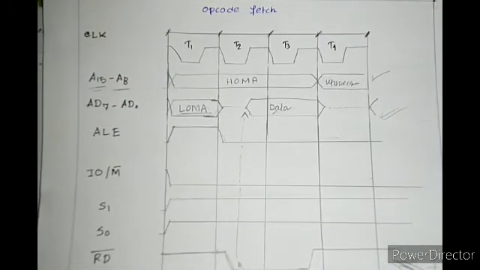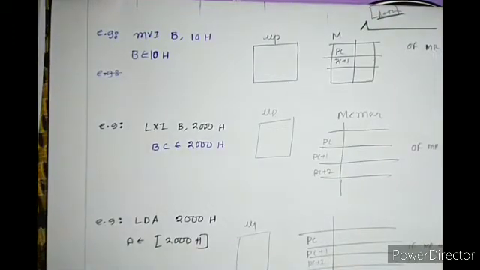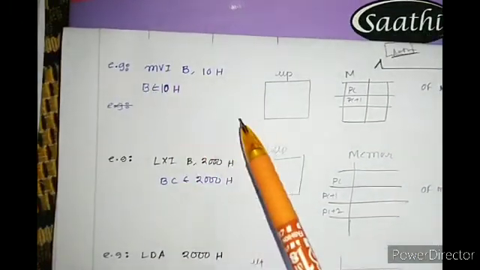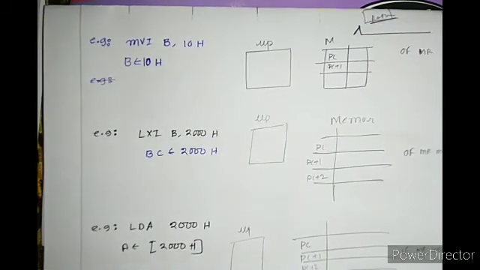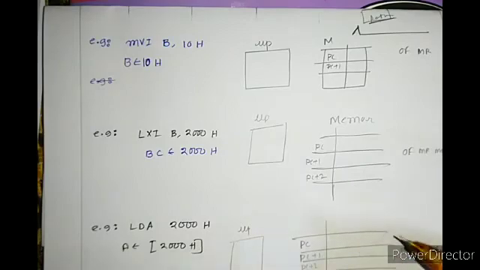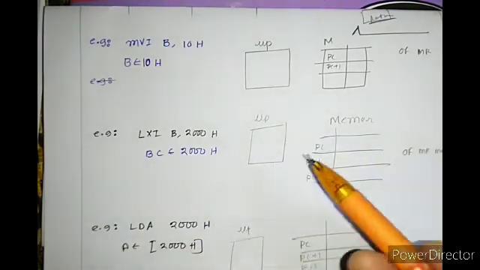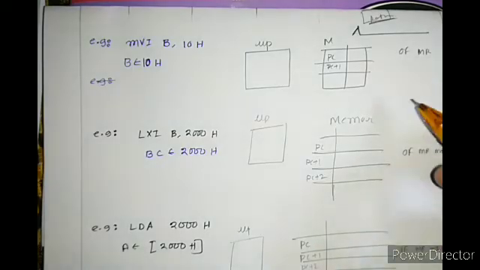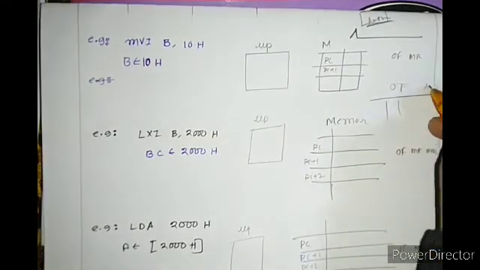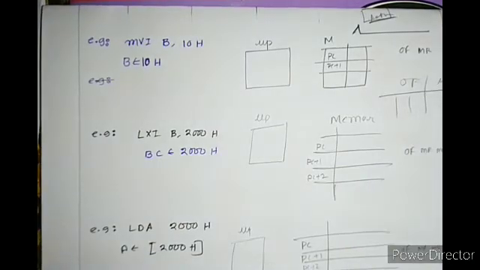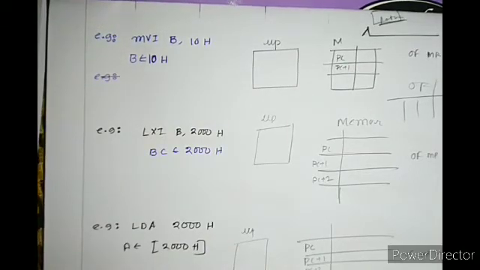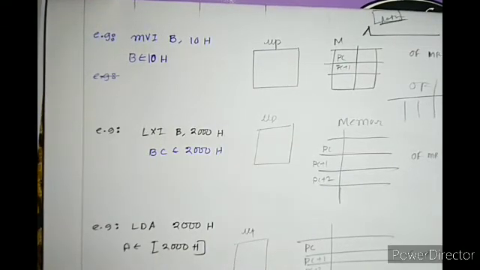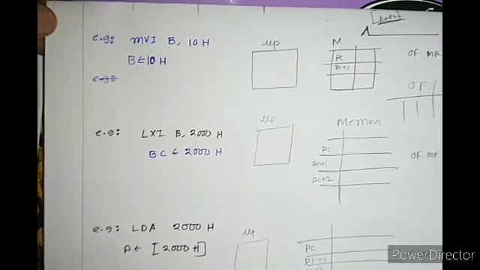Now let's see some examples. In exams we are given some instruction, like here I have given you MVI B, 10H. You have to specify which machine cycles will be required, and then you just draw them one by one, T1, T2, T3, T4, T5, T6, like opcode fetch, then memory read, and so on. First we have to know the size of the instruction, then you can understand in how many locations the instruction will get stored.